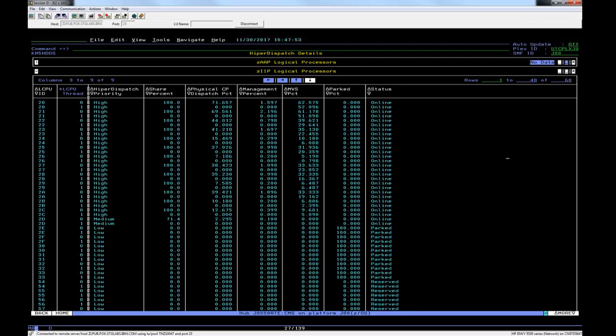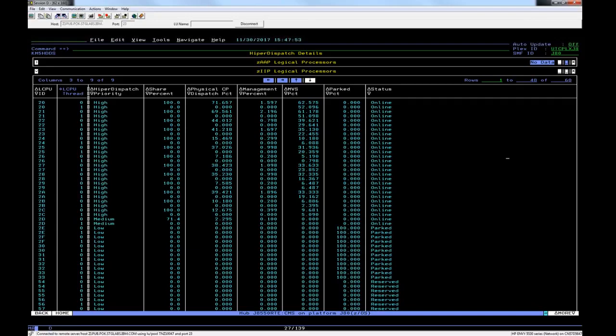So for a physical core, which in this case is core 2.0, we're seeing core level metrics, the hyperdispatch share, the physical CPU percentage management, the ElPro management percentage at the processor level. But for the operating system view of logical process utilization, effectively each thread is a logical CPU.